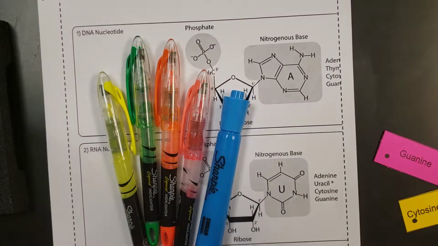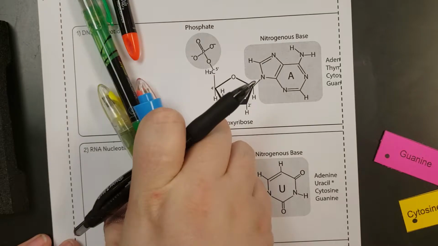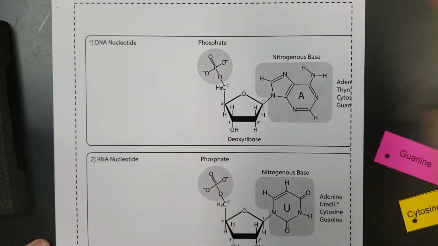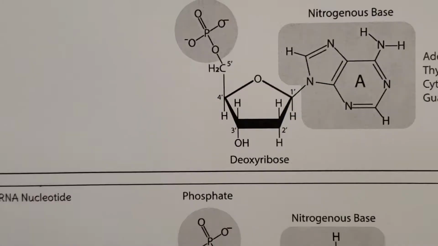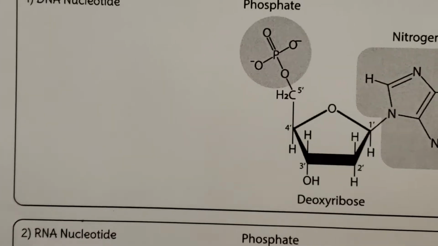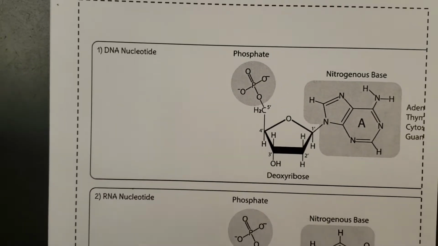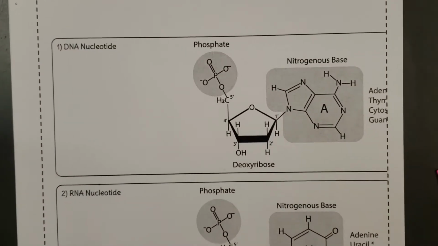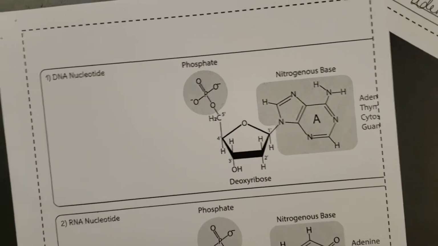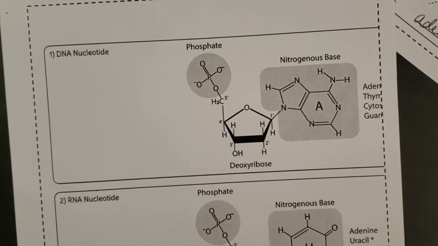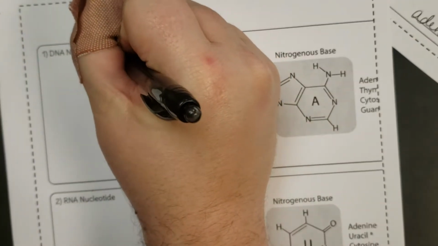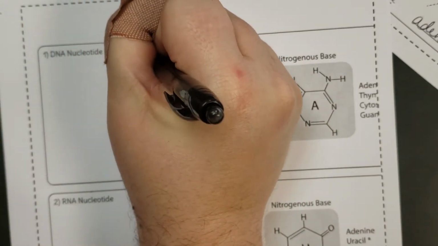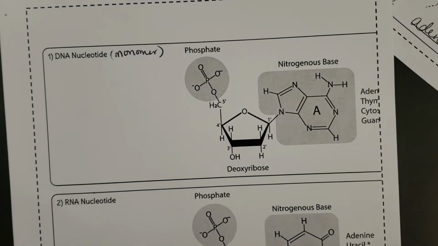Okay, so we're going to start with number 1, the DNA nucleotide. The DNA nucleotide is a monomer, and this is something that we should all know from the previous unit.